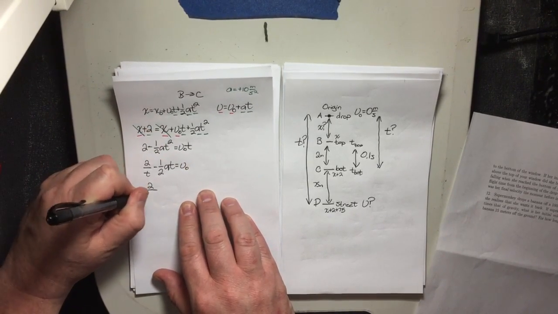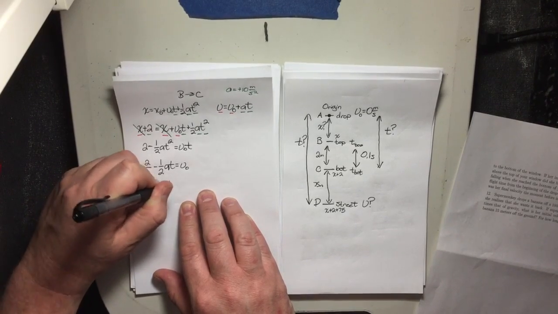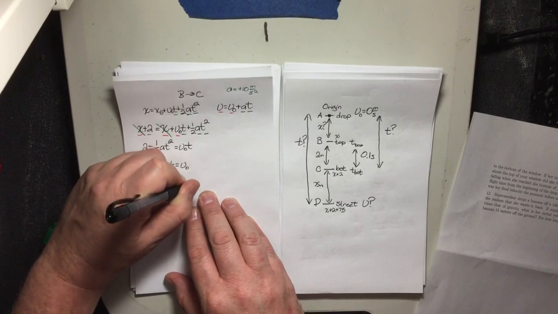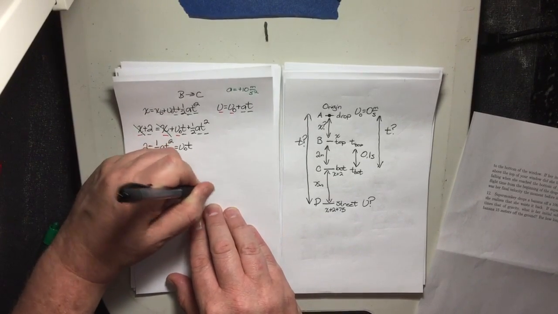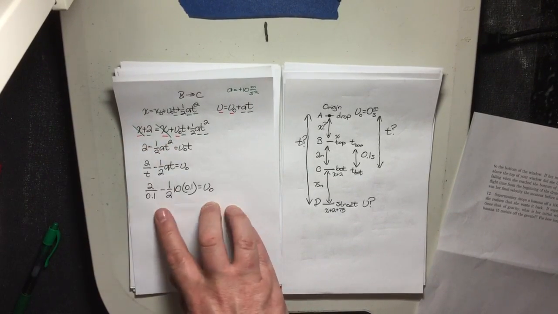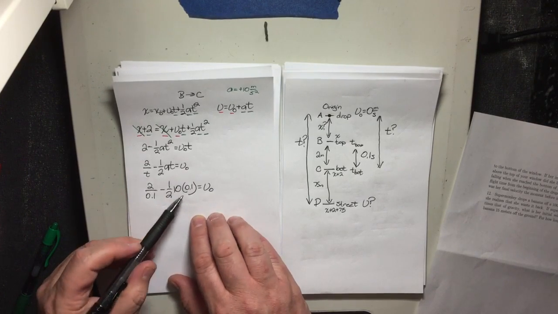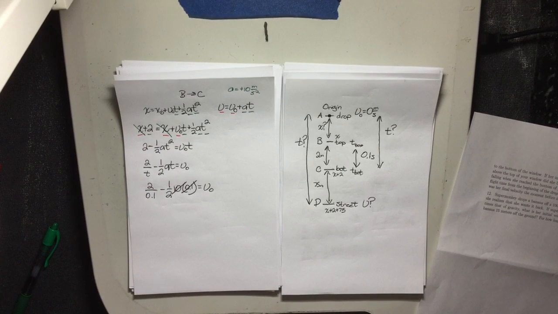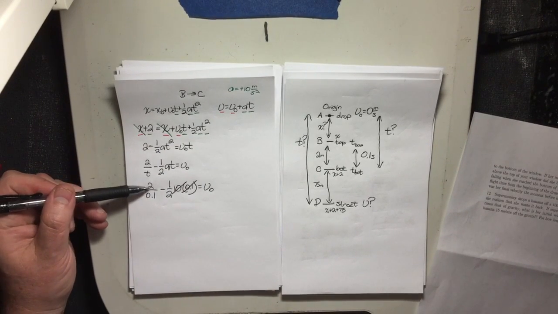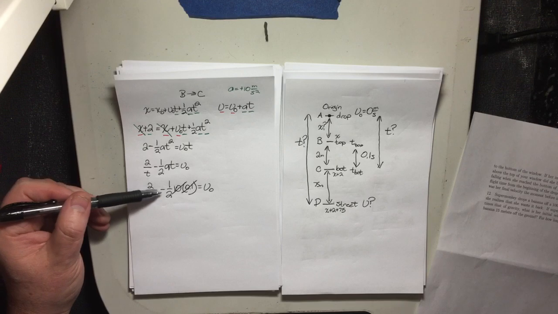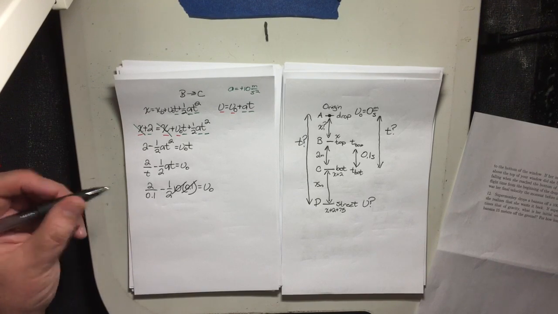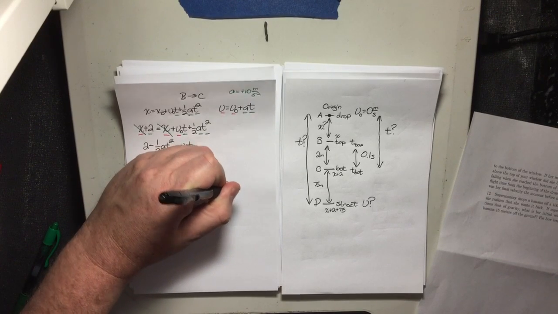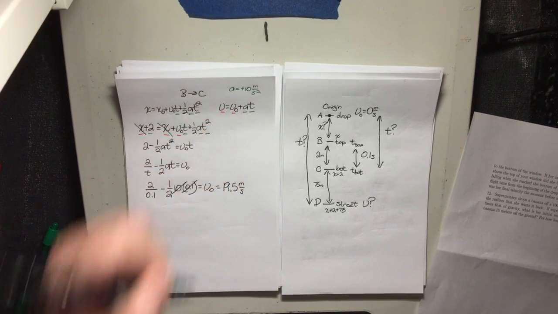So 2 divided by 0.1 minus 1/2 times 10 times 0.1 is equal to v naught. Now, I love plugging in numbers and using 10 because so much of this stuff cancels. I'm left with 20 minus 1/2, so 19.5 meters per second.